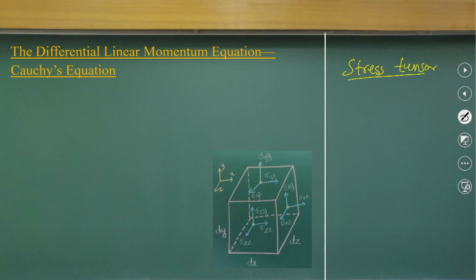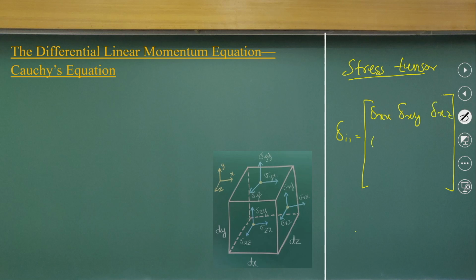Let me write the stress tensor. Sigma is the stress tensor. I can define it as a 3 by 3 matrix for this small control volume, with components sigma x x, sigma x y, sigma x z.